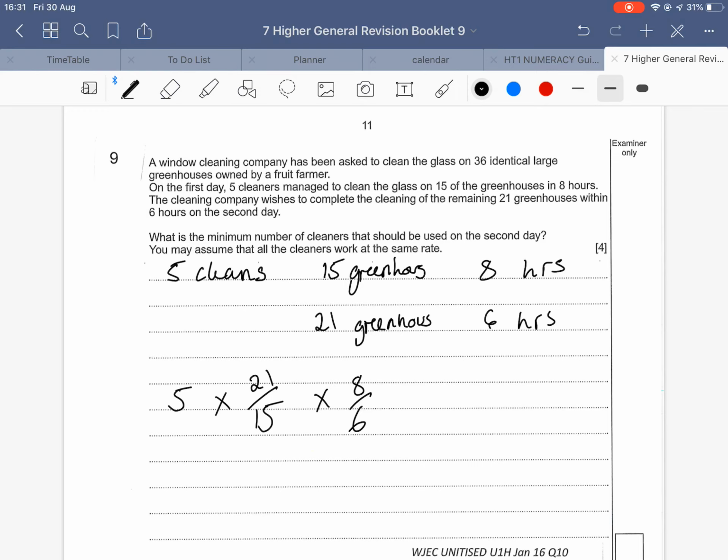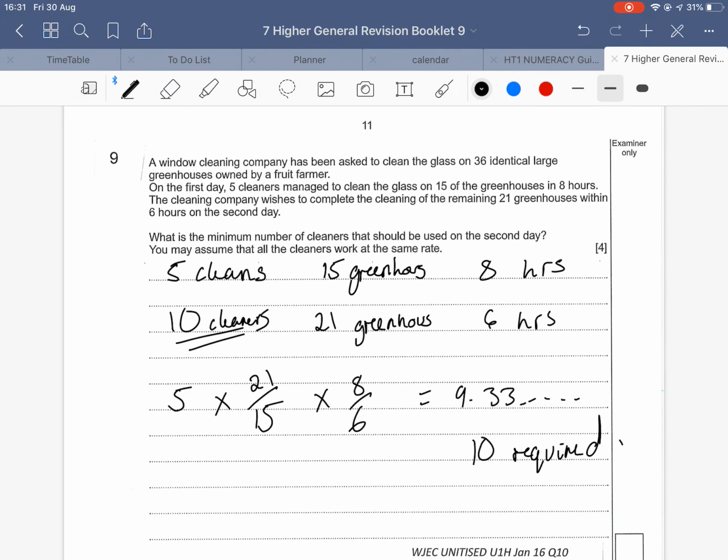But then we got 21 greenhouses, so you times that by the 21 greenhouses and then divide by 6. This way is just a shortcut way, and you get 9.33 cleaners. Obviously you can't have 9.3 cleaners, so it's going to be 10. So 10 cleaners required.